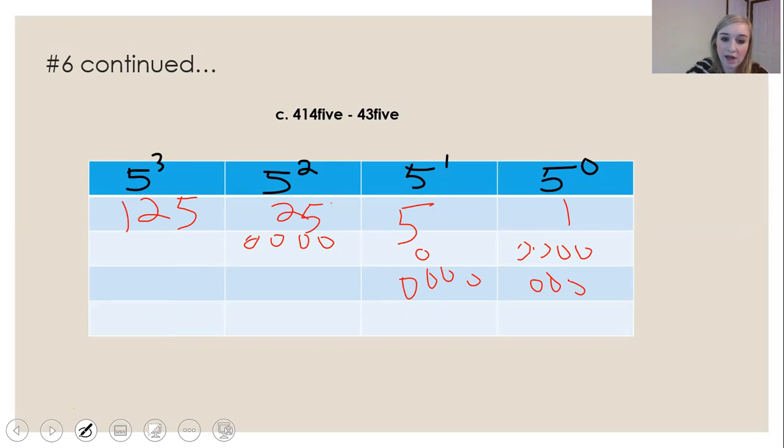So now we're going to add them. So 4 plus 3 is 7. 1, 2, 3, 4, 5, 6, 7. 4 plus 1 is 5. 2, 3, 4, 5. And then we're just going to bring the 4 down.